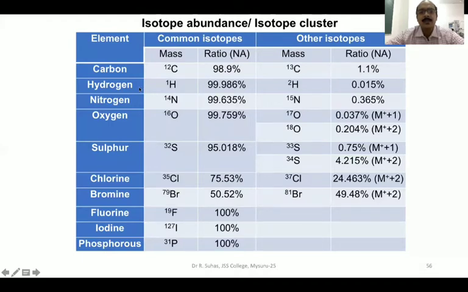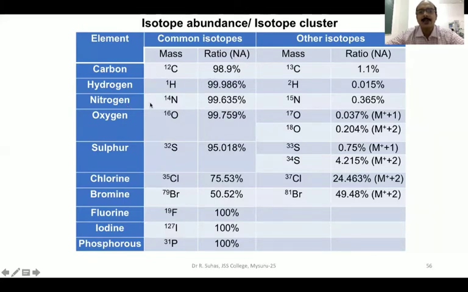Hydrogen has two isotopes, 1H, which has a natural abundance of 99.989%, and 2H, that is deuterium, which exists only in 0.015% natural abundance. That means among 1H and 2H, 1H is most abundant, and among C12 and C13, C12 is most abundant.